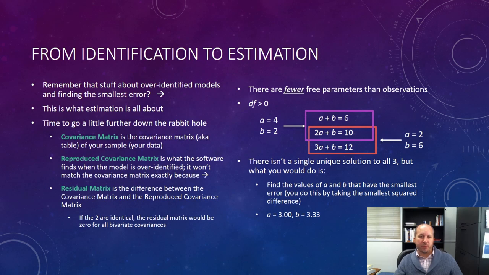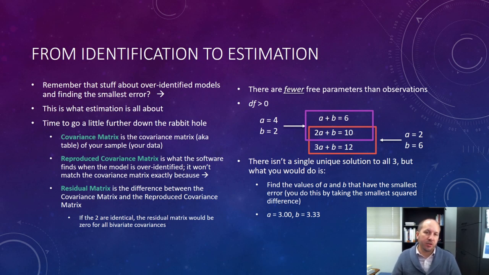Remember, a covariance is just an unstandardized correlation. So if we actually ran a correlation table or developed a covariance table straight from the data, this is the covariance matrix. The reproduced covariance matrix is the covariance matrix for the model that you are proposing.